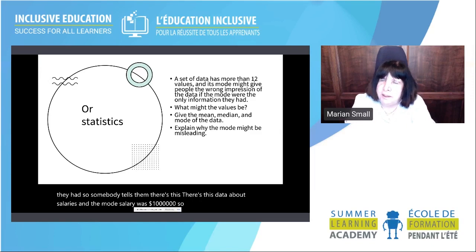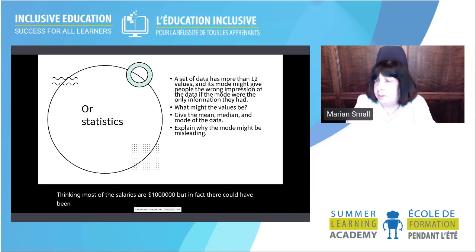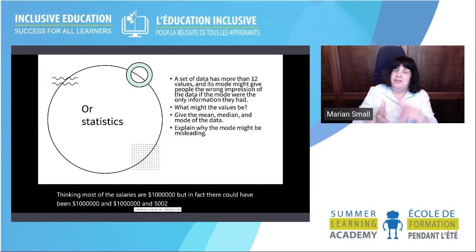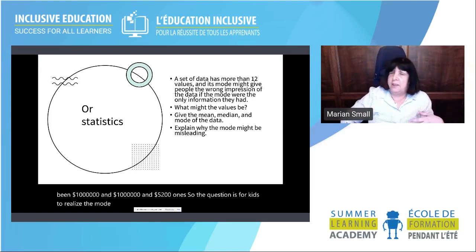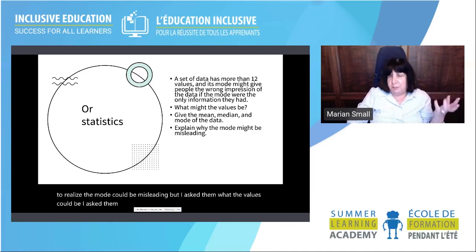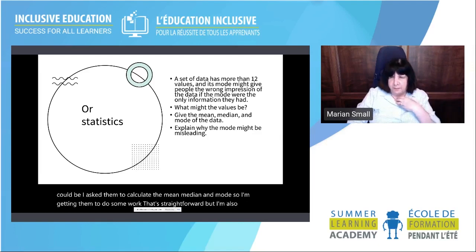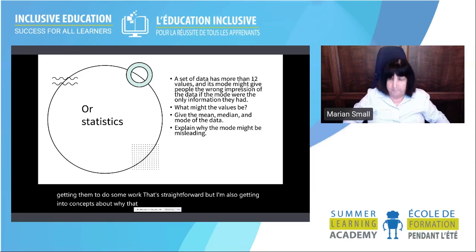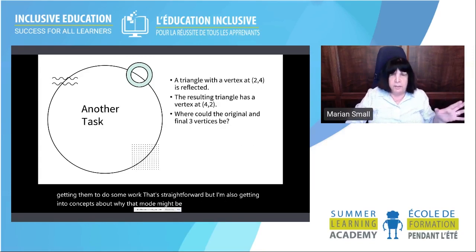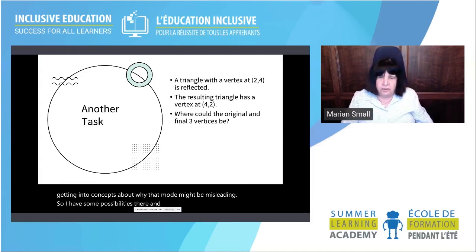So you might be thinking like most of the salaries are $1 million, but in fact, there could have been $1 million and $1 million and 5,000, $200 ones. So the question is for kids to realize the mode could be misleading, but I asked them what the values could be. I asked them to calculate the mean, median, and mode. So I'm getting them to do some work that's straightforward, but I'm also getting into concepts about why that mode might be misleading.